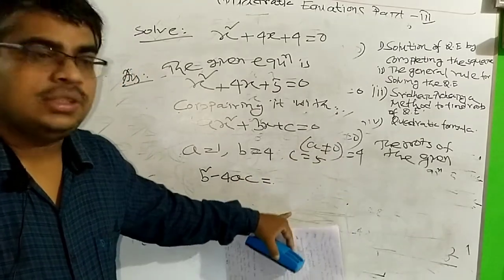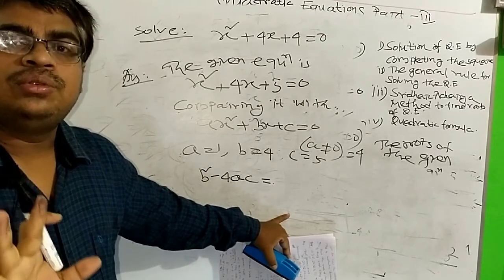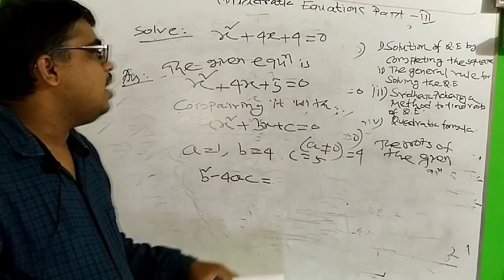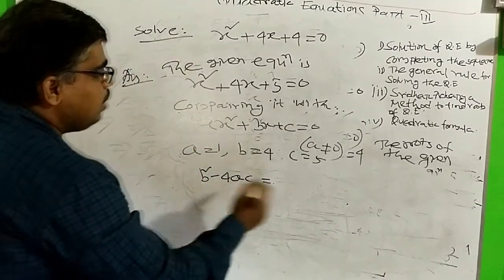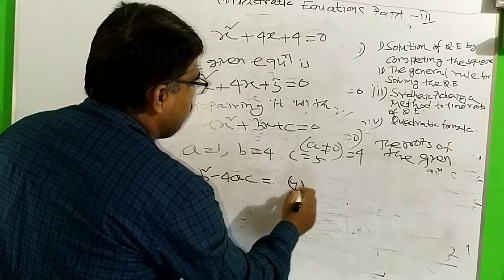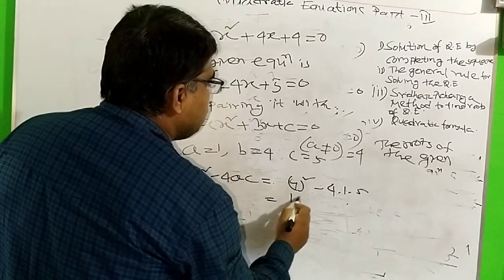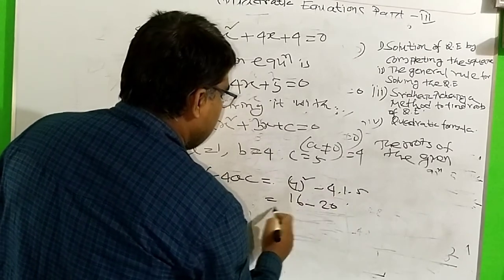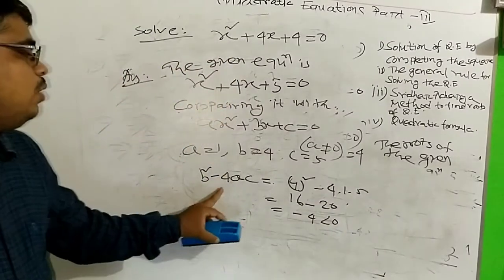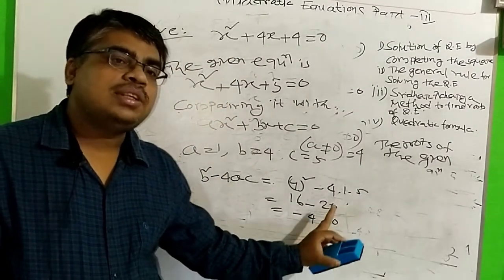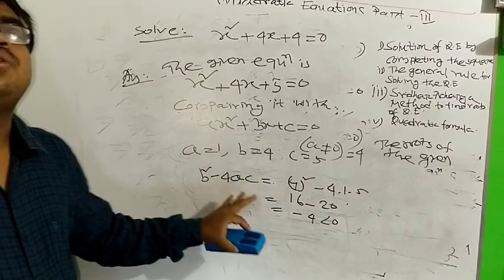If the b square minus 4ac term is greater than or equal to 0, then the given equation will have real roots. We calculate it as b square means 4 square minus 4 into 1 into 5, 16 minus 20 equal to minus 4, less than 0. Since the value of b square minus 4ac is minus 4, that is less than 0, the given equation will have no real roots.